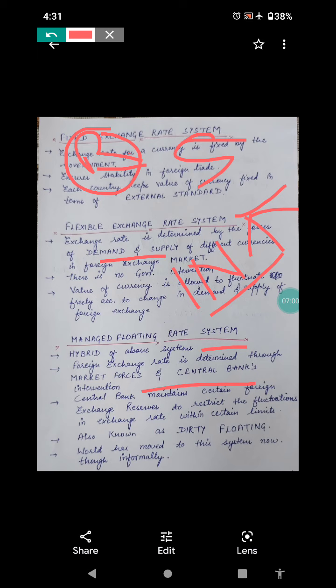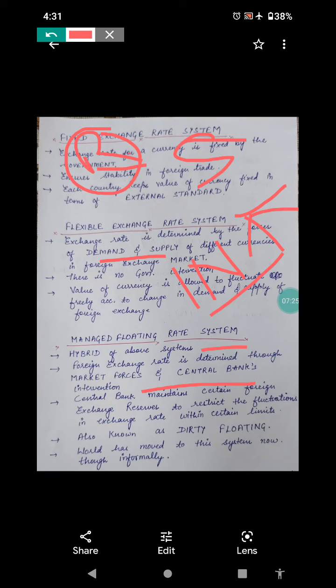That is, it also involves the intervention by the government in the foreign exchange market. The central bank intervenes to restrict the fluctuation. Actually, that was leading to fluctuation, these fixed and flexible rate systems. But now, the central bank has to intervene to restrict the fluctuation in exchange rate within certain limits.